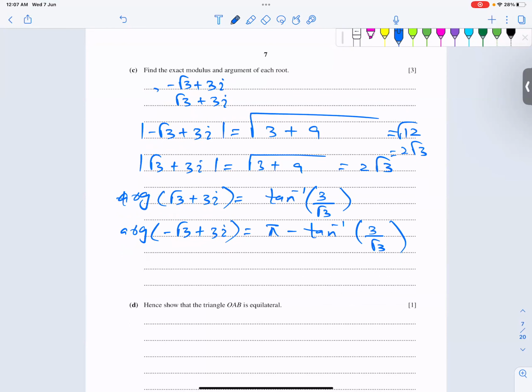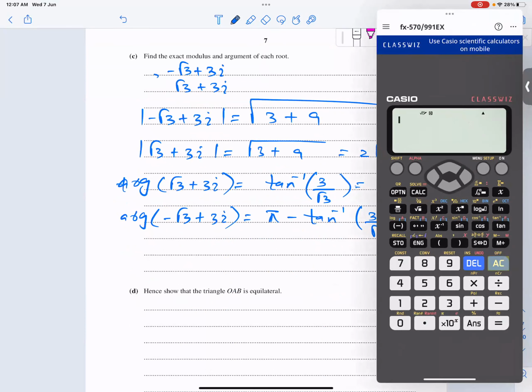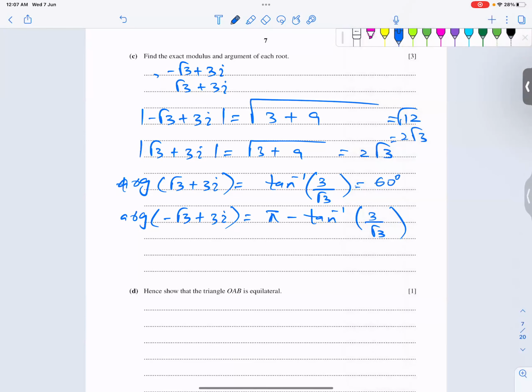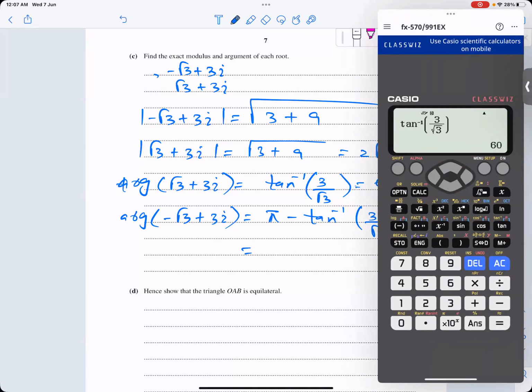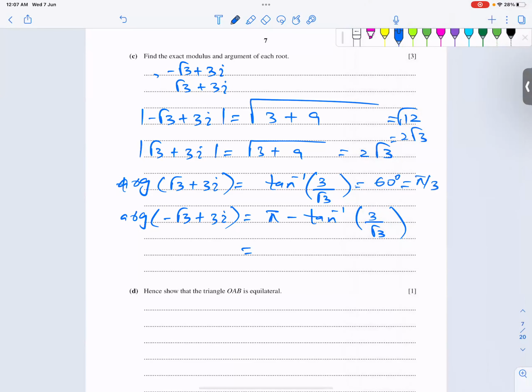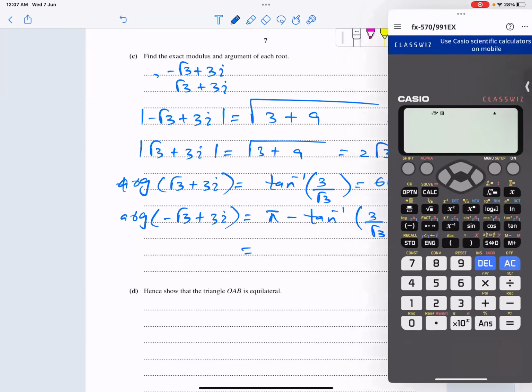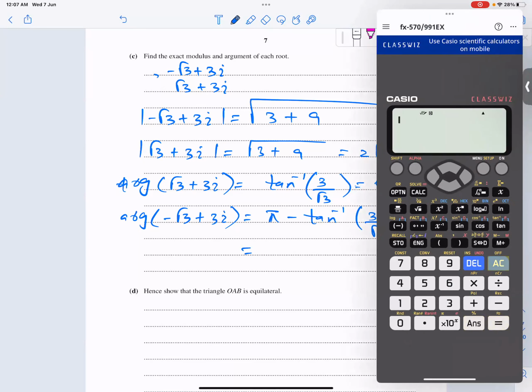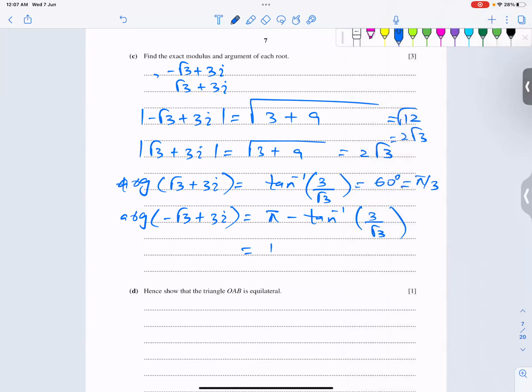I think exact modulus and argument are needed, so let me try: shift tangent inverse of 3 over square root 3. This is 60 degrees, which means pi by 3. And the second is simply 180 degrees minus 60 degrees, so this will be 120 degrees.